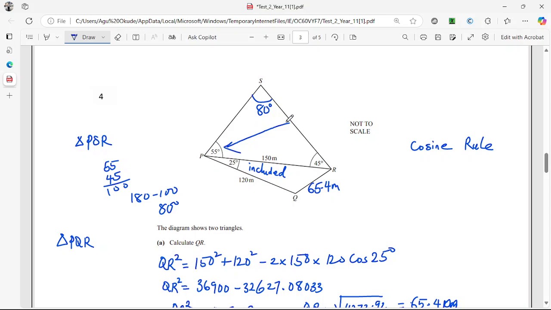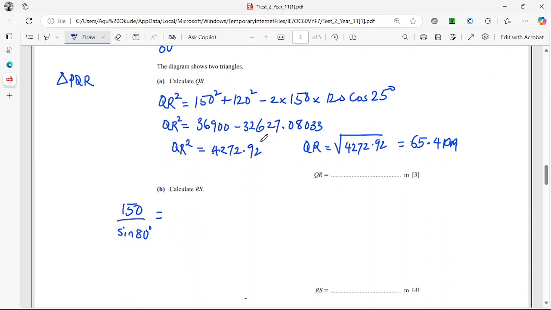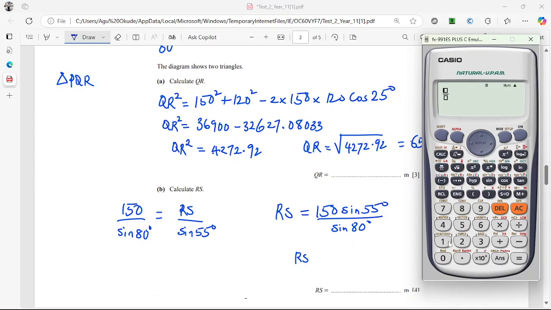You do the side over the angle it is facing. So I'm going to cross multiply this. So I have 150 sine 55 degrees all over sine 80 degrees.